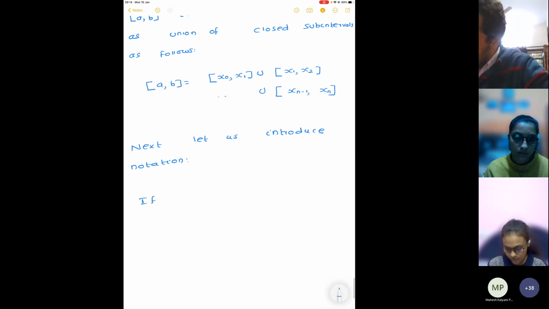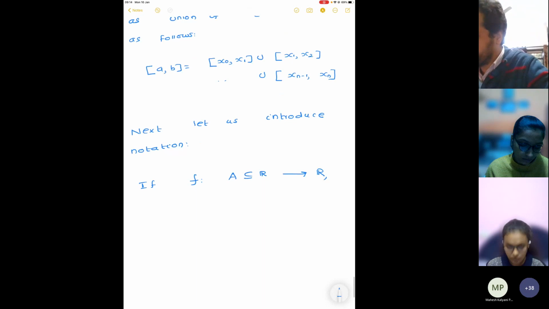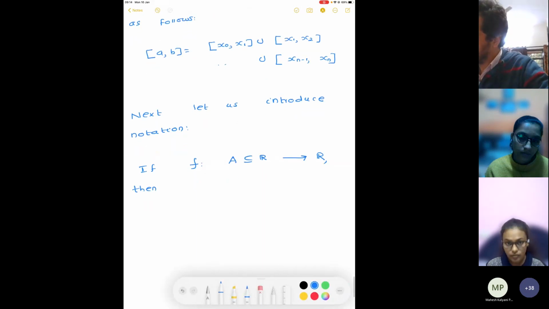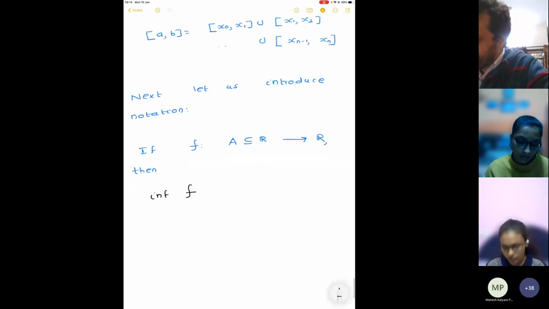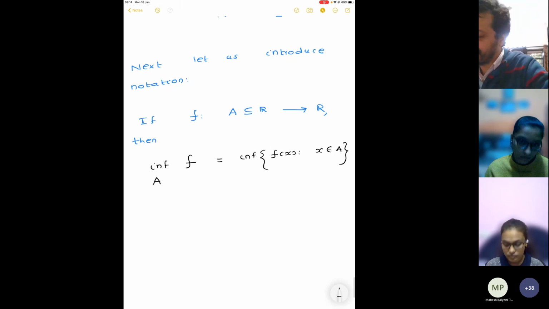If f is a function from a subset A of R to R, then the infimum of f over A is defined as the infimum of f of x when x varies over A, the infimum of the range set. I will write it as inf f.